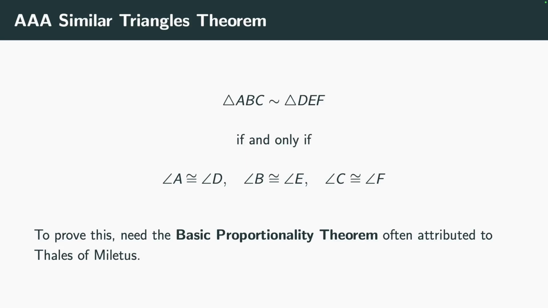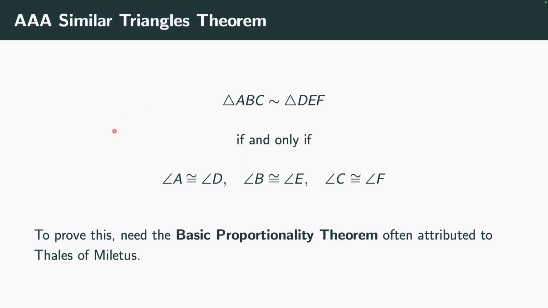So the angle in A is congruent to the angle in D, the angle in B is congruent to the angle in E, and the angle in C is congruent to the angle in F. And this is such a fundamental theorem that sometimes it is used as the definition of similar triangles. And then the ratio property that we had in our previous theorem, the side-side-side similar triangles theorem, is seen as a consequence. But for us, the definition of similarity has to do with the similarity transformation, and this then is a theorem about what that means for triangles.